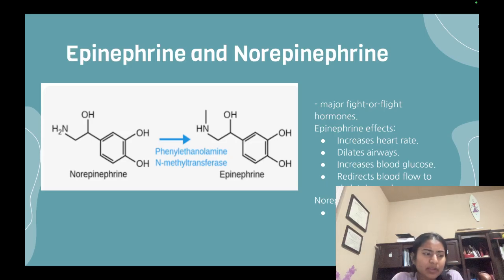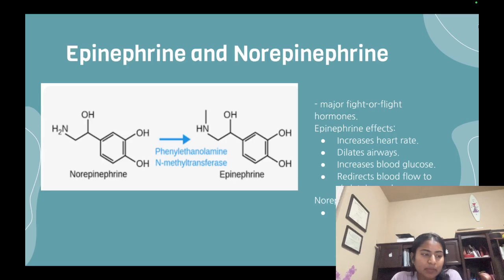In the liver, epinephrine stimulates glycogen breakdown into glucose so the body has more energy available. In skeletal muscle, it increases blood flow by dilating blood vessels. This allows your muscles to work faster. In the skin and digestive organs, epinephrine also reduces the blood flow because the body is prioritizing survival functions over digestion.